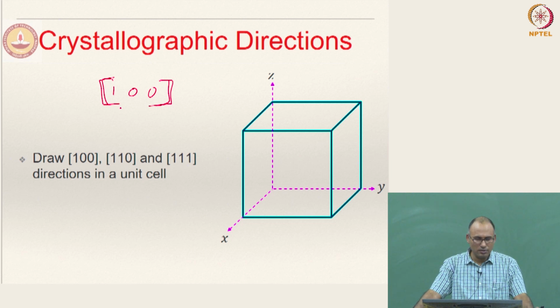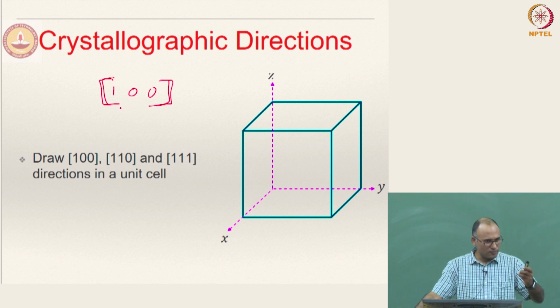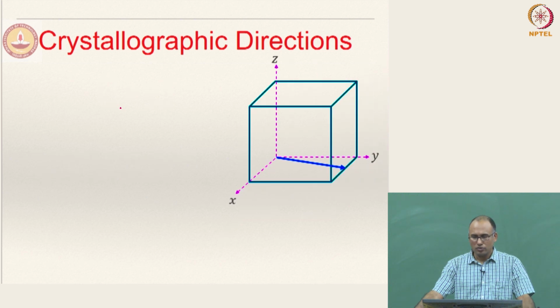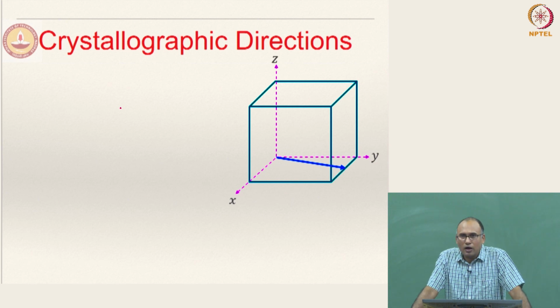So what should that be? The unit vector along the x-axis, and the length of the vector is equal to the unit cell lattice parameter. Similarly, [110] will be that one, and [111] will be that one. So can you tell me how do you write the directional indices for this one?